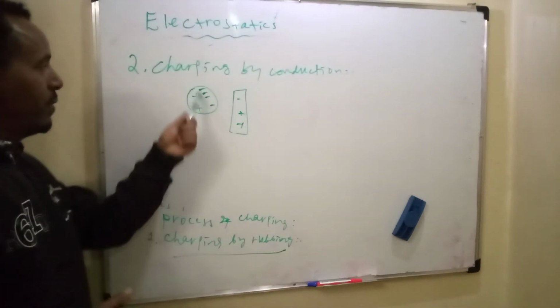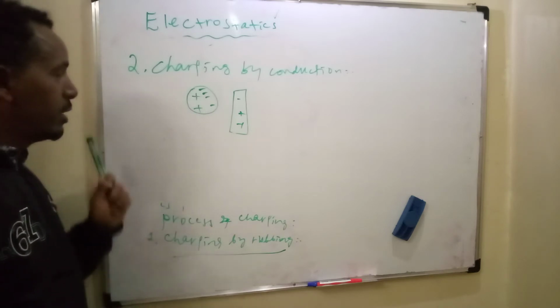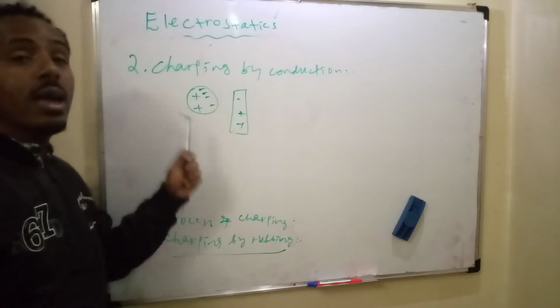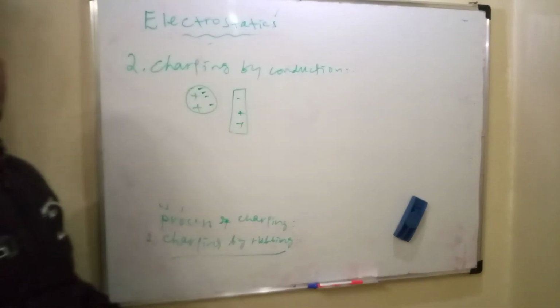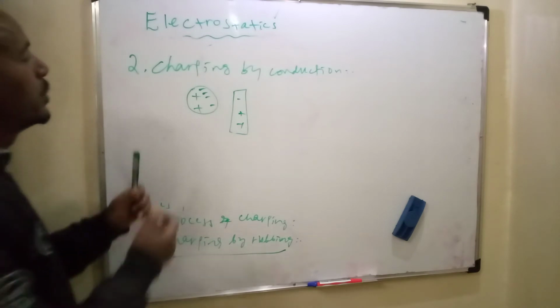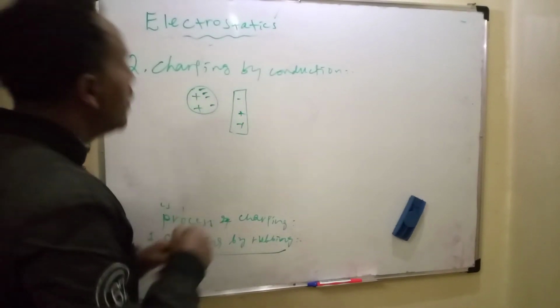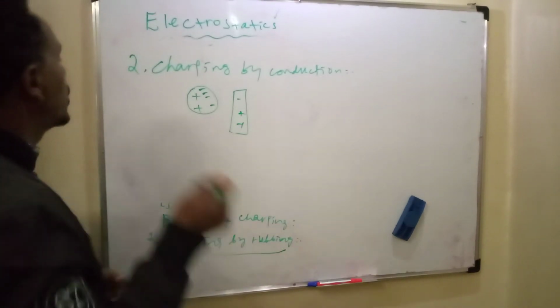The number of negatively charged particles is greater than the number of positively charged particles. Because of this, the sphere becomes negatively charged, whereas the rod is positively charged, when the rod and the sphere are in contact. This process of charging is charging by conduction.